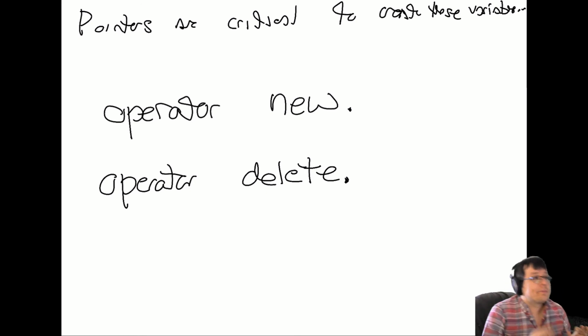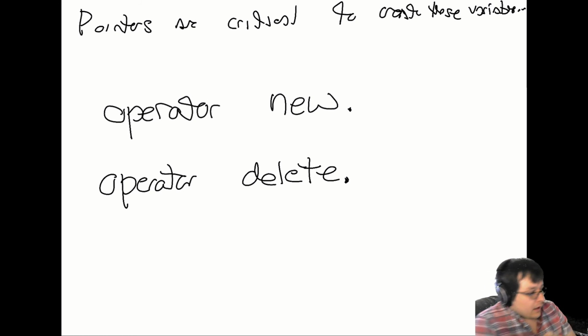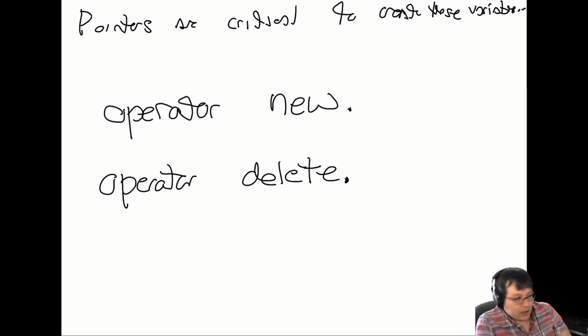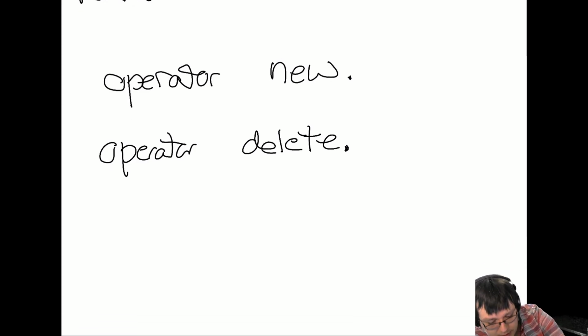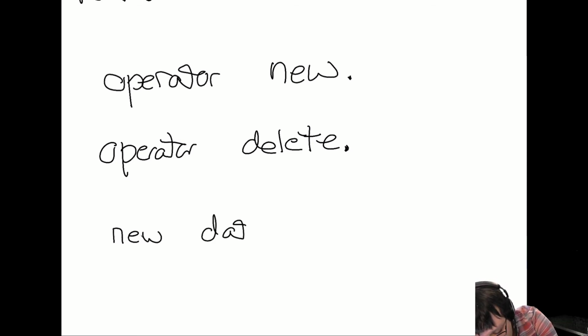But anyways, so how do you use the new operator? Well, there's two different syntaxes for it. One of them is for arrays and one of them is for integers. So I'm going to go ahead and put them both here for now and then explain them. So you put the keyword new. It's just a C++ keyword. And then you put the data type that you wish to create. And then your semicolon.